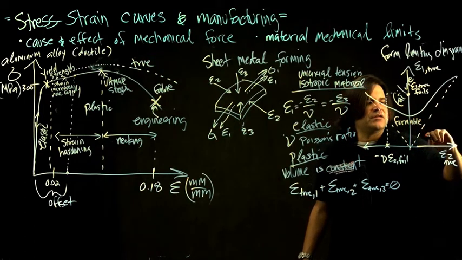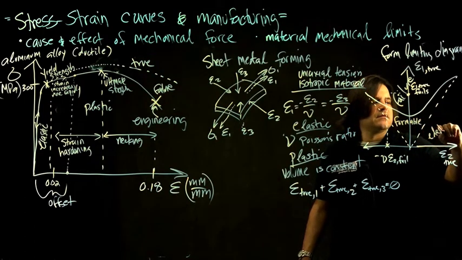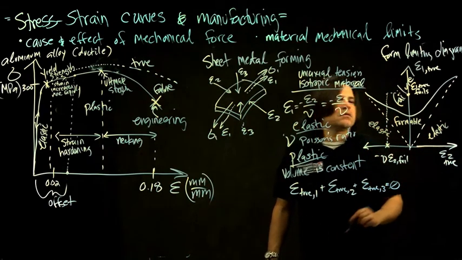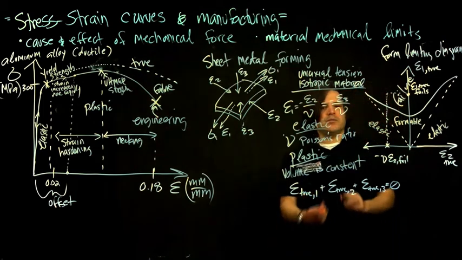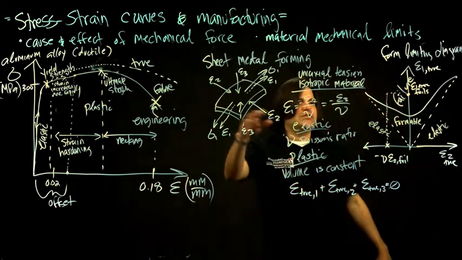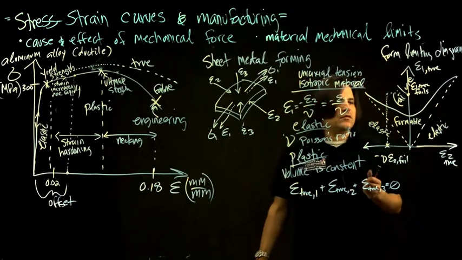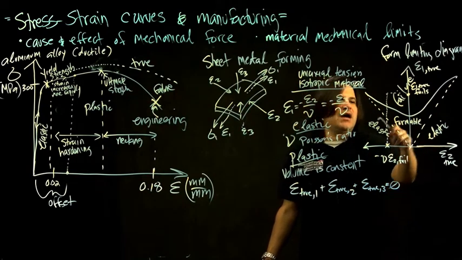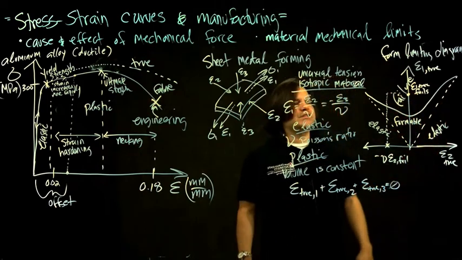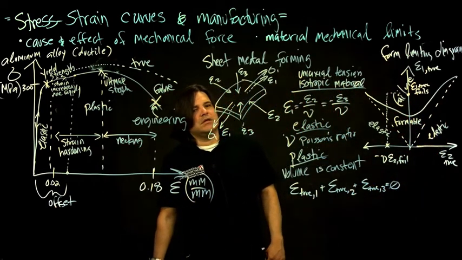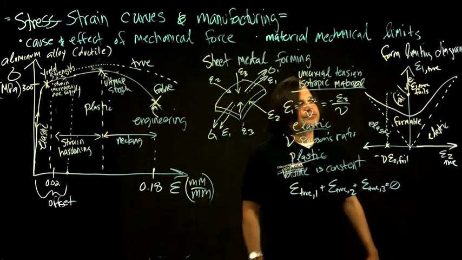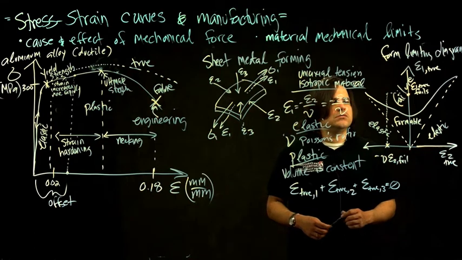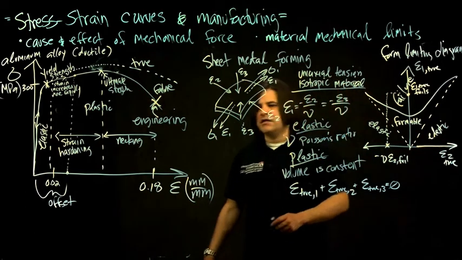And then everything here is elastic. So based on this three-dimensional response to stresses, you'll get this strain map to guide what your feasible angles are from deformation. Okay, so that's that example.